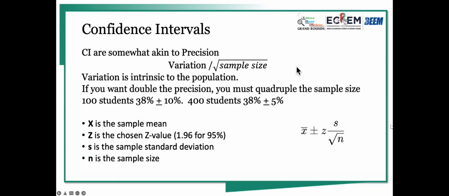Looking at this formula here, you can see that it is very similar to the formula of the confidence interval. We have the variation represented by the standard deviation of the sample, then the sample size here, and this would be the sample mean.